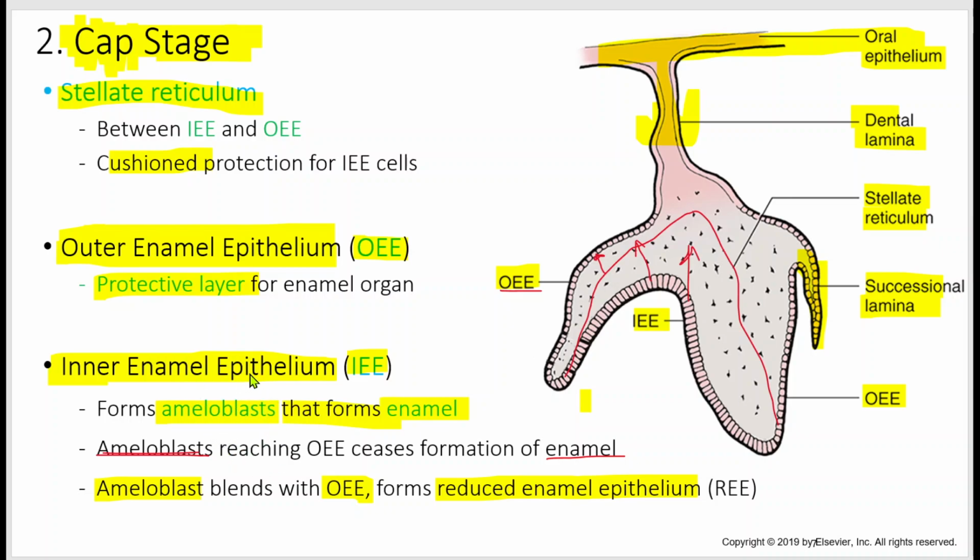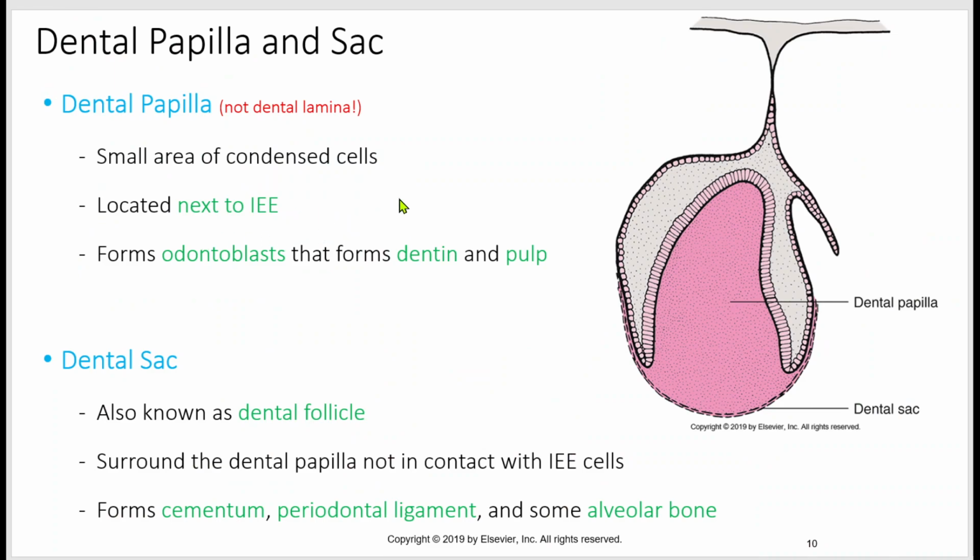So we got one of the tooth layers down, right? Now let's see where the dentin comes from. So this is the inner enamel epithelium layer, and this is the outer enamel epithelium layer. What's inside, between the inner enamel epithelium layer by itself, like inside of here, we call it dental papilla.